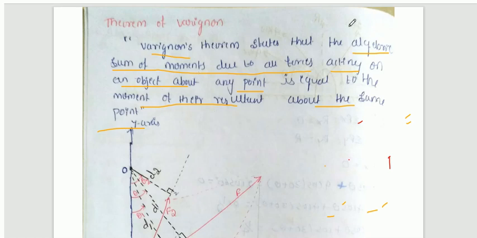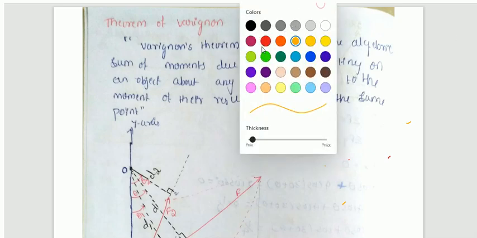That is the statement of Varignon's theorem. If 2, 3, 4 forces, a number of force systems, are there, then the algebraic sum of the moments due to all the forces is equal to the moment due to the single resultant about the same point. That is the meaning of the statement of this Varignon's theorem.